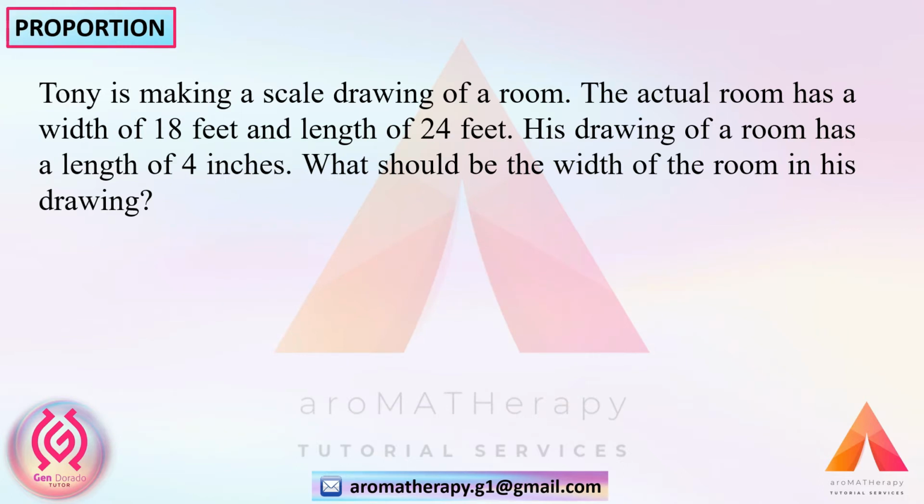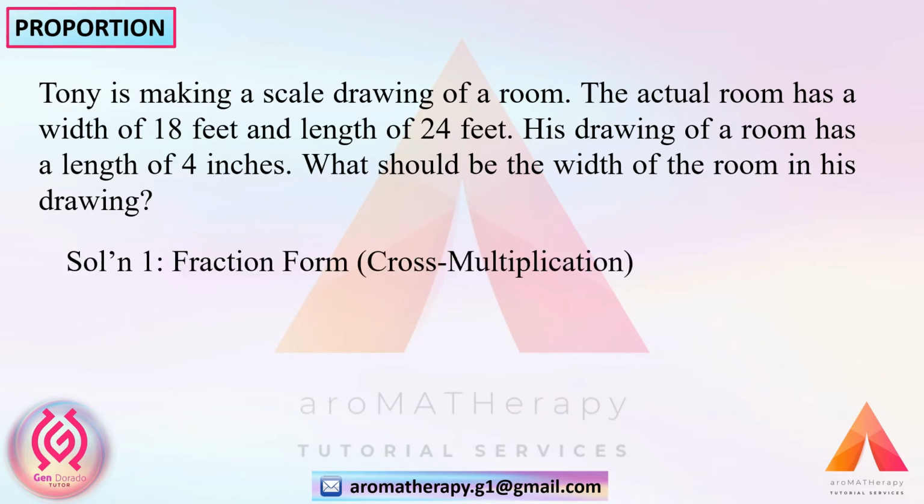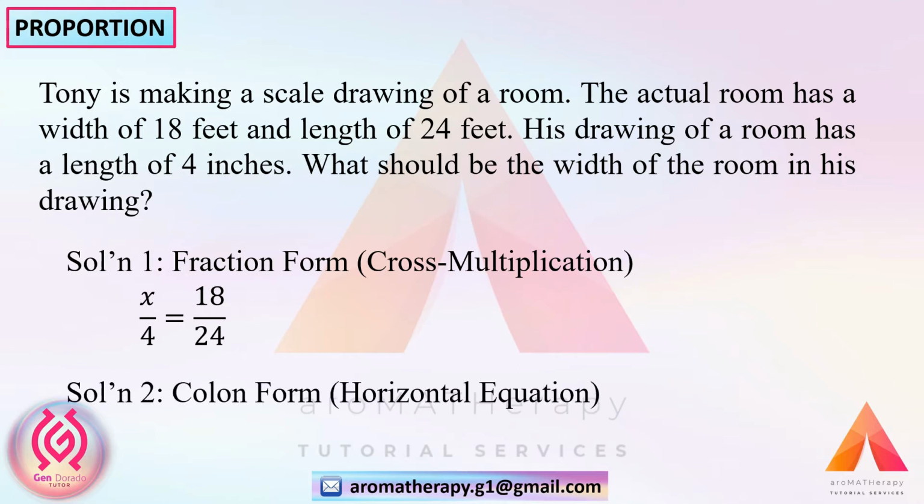We can solve this equation in two forms. First is using the fraction form or the cross multiplication. We have x over 4 is equal to 18 over 24. And the second method is using column form or the horizontal equation. We have x is to 4 is equal to 18 is to 24.